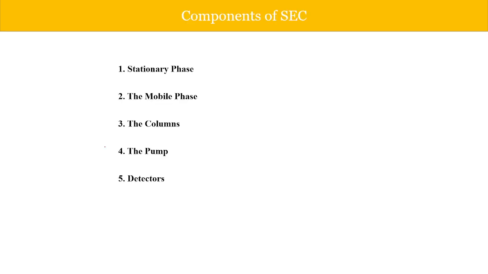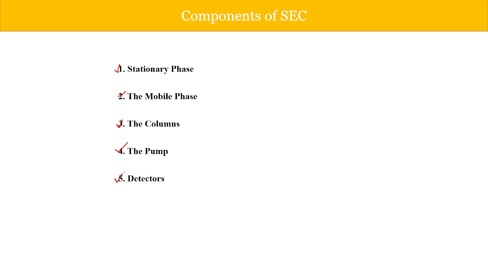Okay. So what are the different components of size exclusion chromatography? One is your stationary phase, one is your mobile phase, one which is very important is the column, and the pump, which will determine the flow rate. If you go into higher advanced courses, you can understand why the flow rate matters, what happens if the flow rate is slow, and what happens if it is fast. So different factors actually affect this.